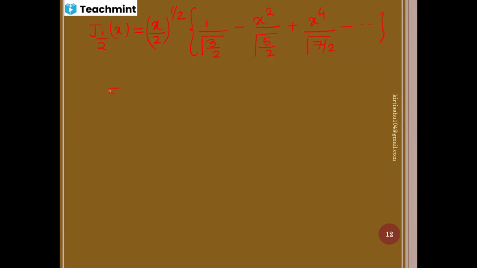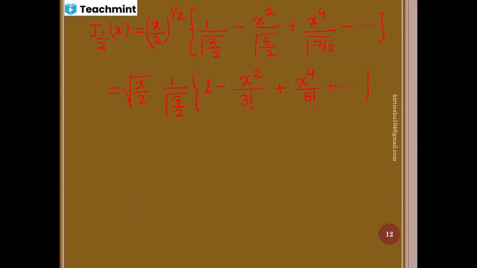Now this is equal to root x by 2, raised to power half, and from this I will take gamma of 3 by 2 common. So what we have, 1 minus x square upon 3 factorial, then x to the power 4 upon 5 factorial, and so on.